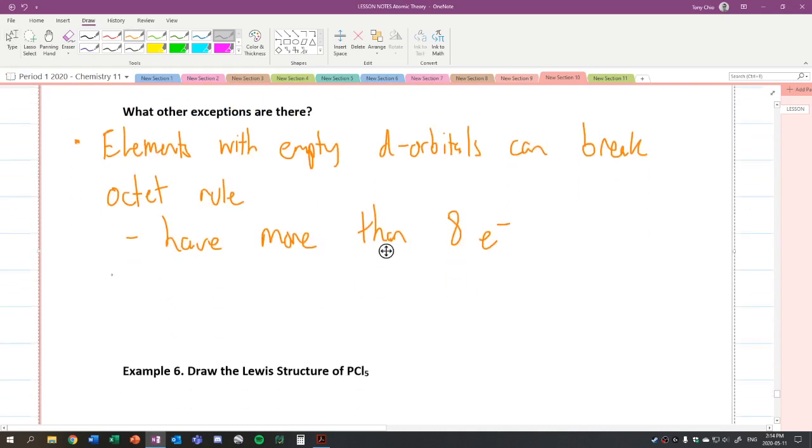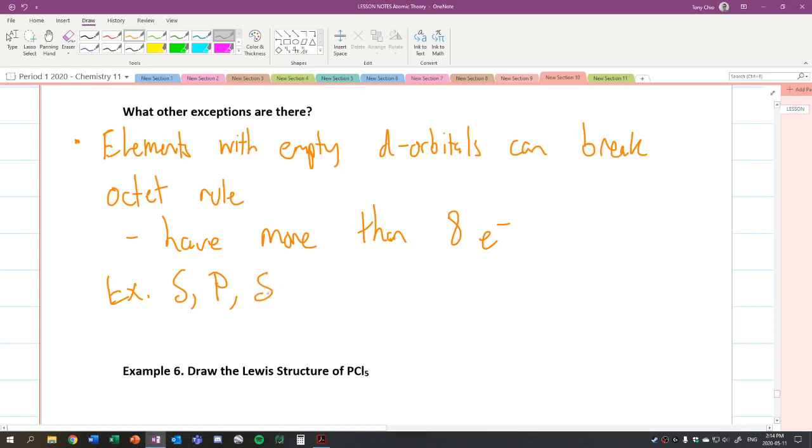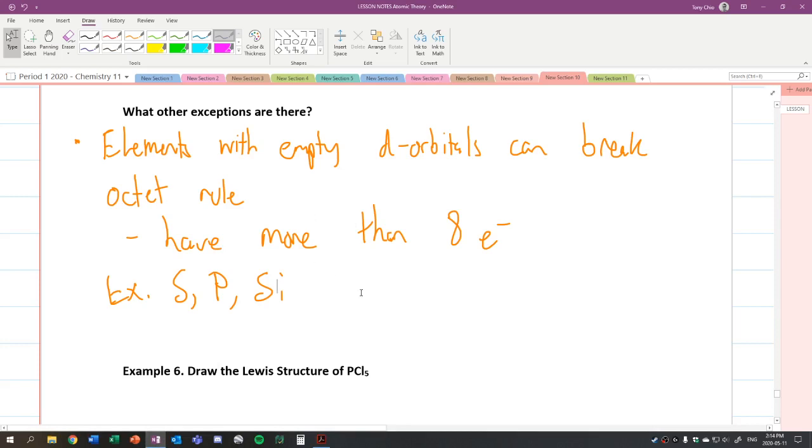These are, for example, sulfur and phosphorus, which can have more than 8 electrons around them. Silicon's also another one. So these are examples of ones that have more than 8 electrons because of their empty d orbitals. If you look at this, these s orbitals, p orbitals, and d orbitals are fairly close in energy. Because these 3d orbitals are empty, electrons go there, and thus you can have more than 8 electrons, more than 4 bonds.